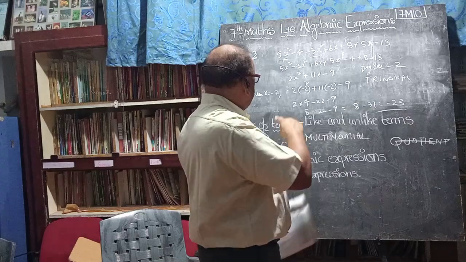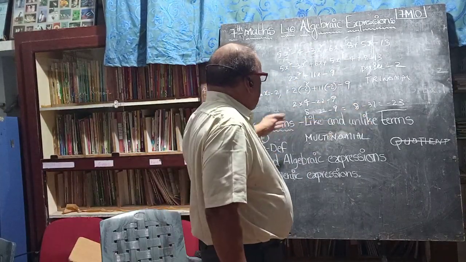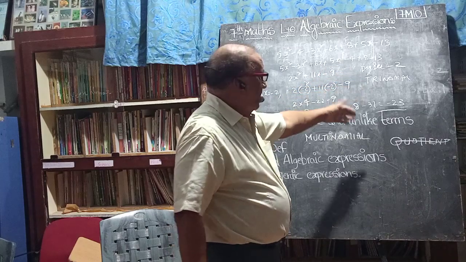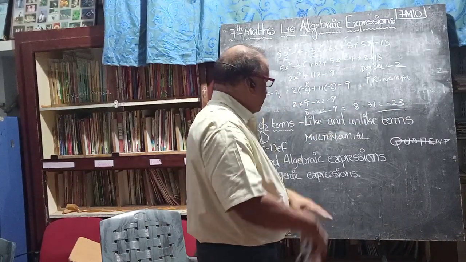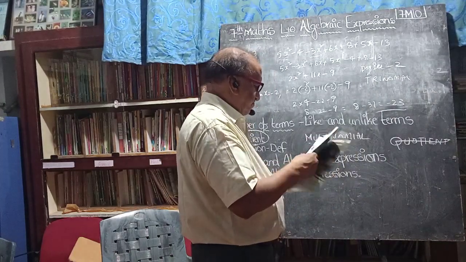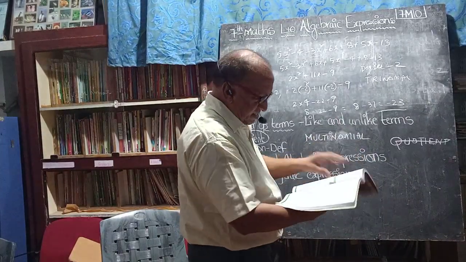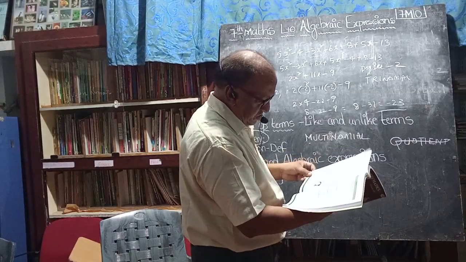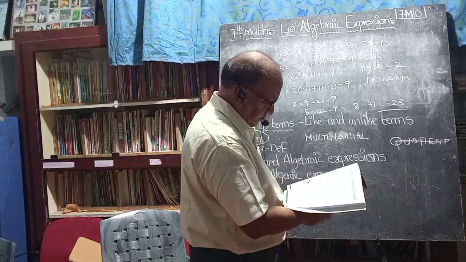So I am covering a lot of items here. First I told you the simplification and also how to find the degree, and whether it is a trinomial or binomial or whatever. I did that. Now let's move on to the last exercise, exercise 4.